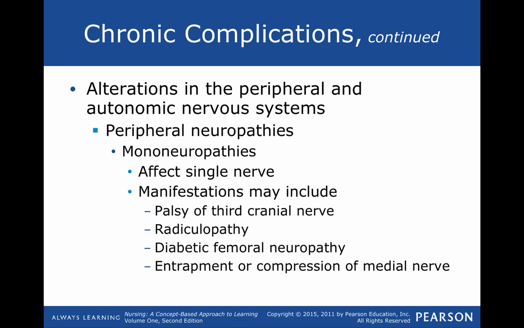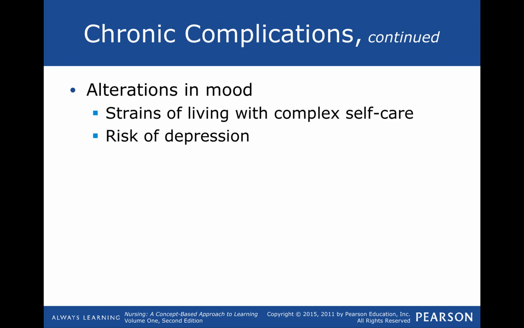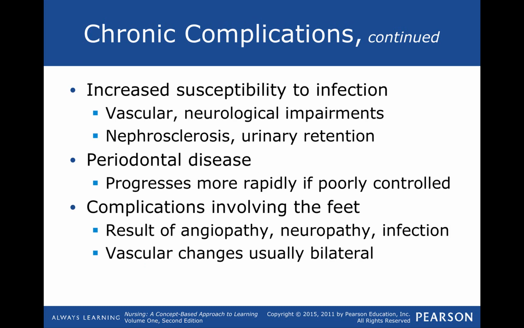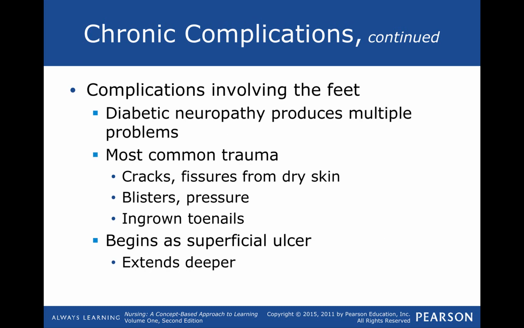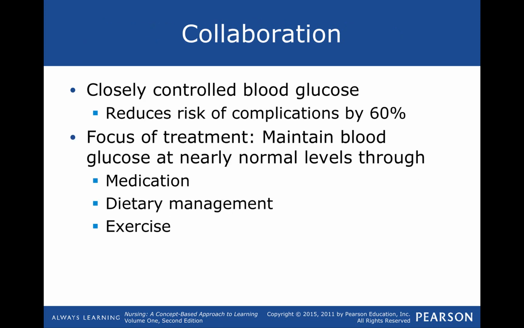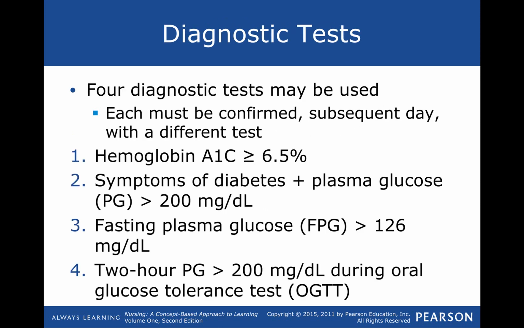And the peripheral nervous system. And the autonomic nervous system. So you see here, it can be every part of your body that results from complications with diabetes, which means a lot of collaboration with people, diet, and exercise.